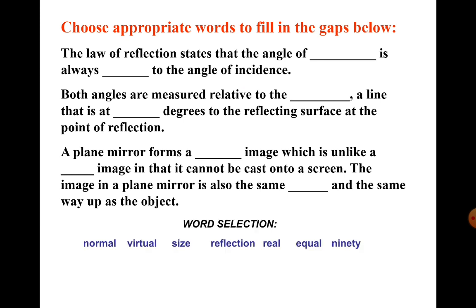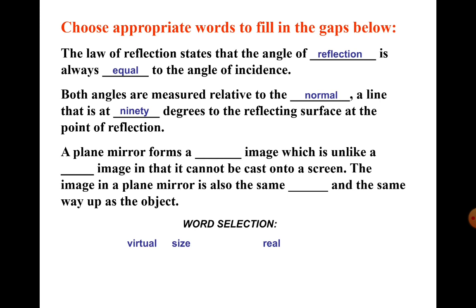Let's fill in. The law of reflection states that the angle of reflection is always equal to the angle of incidence. Both angles are measured relative to the normal, a line that is 90 degrees to the reflecting surface at the point of reflection.